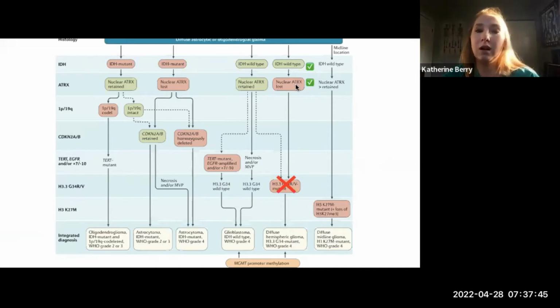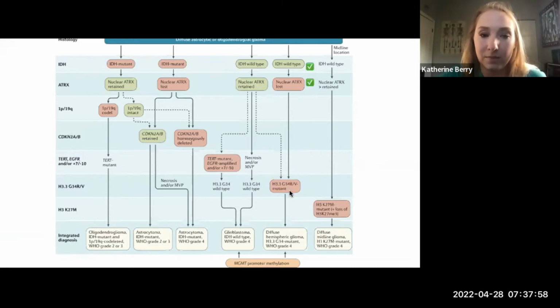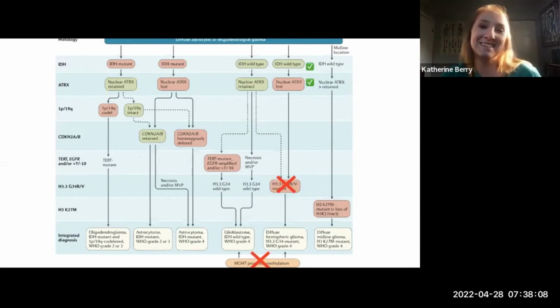Nuclear ATRX not lost on those molecular studies, but lost on stains. So I kind of put it with lost because there's something abnormal. But then she does not have this histone mutation, and she does not have MGMT promoter methylation. So if you look at this flow chart, she doesn't fit anything, meaning we don't understand yet.